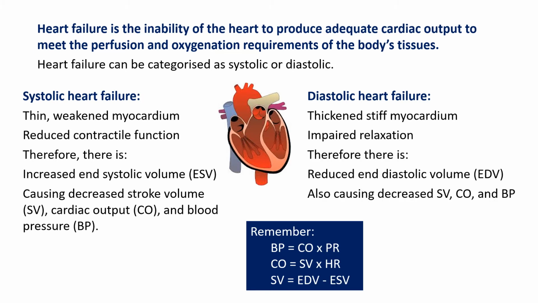So in this case, what we have is a reduced end diastolic volume. Because we've got a smaller chamber, there's less room for it, so end diastolic volume is going to be decreased. If you reduce end diastolic volume, of course, you also decrease stroke volume, cardiac output, and blood pressure.